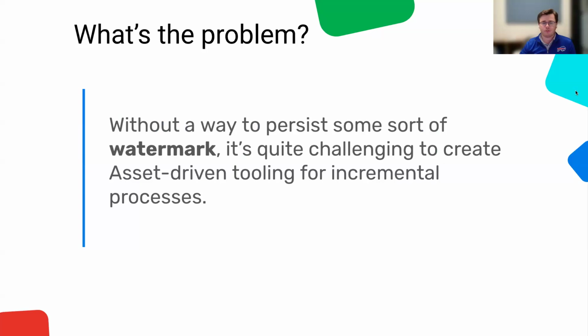Because of this, there's not a great way to create asset-driven tooling. Again, we don't want to process every record in a Snowflake table. We don't want to have to process every single file in the S3 store. So right now, this is the problem that we're aiming to tackle, and that's where this AIP started.